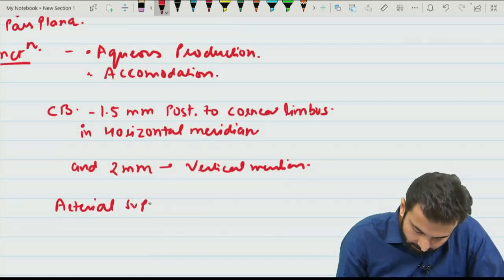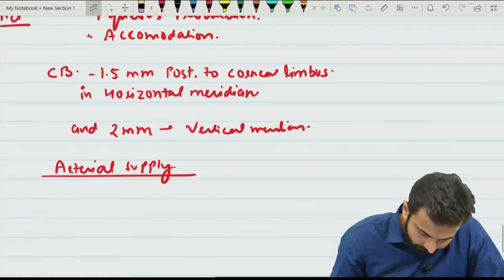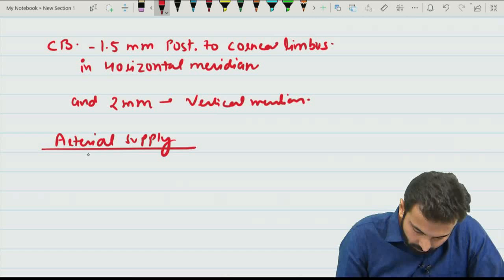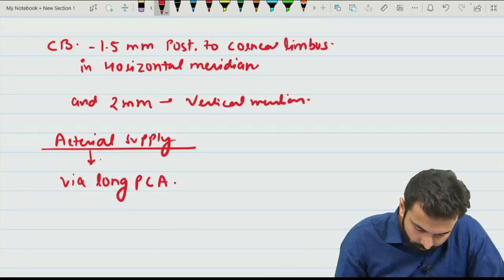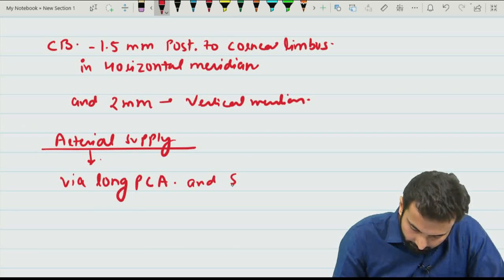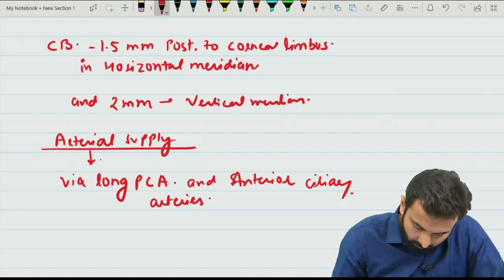Now coming to the arterial supply or the blood supply of ciliary body. The blood supply is via long posterior ciliary artery and anterior ciliary arteries, right?